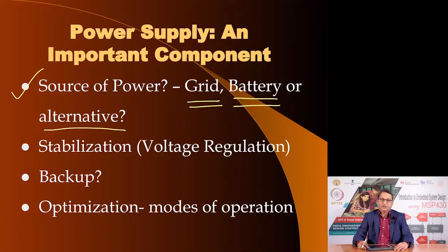Once you decide what is the source of your power, then the next question is, is the source of power very stable? Even if it is stable, if it is of a high value, most embedded systems, the components that make up the embedded system, require a low DC voltage, and so you must reduce the voltage and you must ensure that the reduced voltage is stable, that there is no noise on it, and it is not fluctuating.